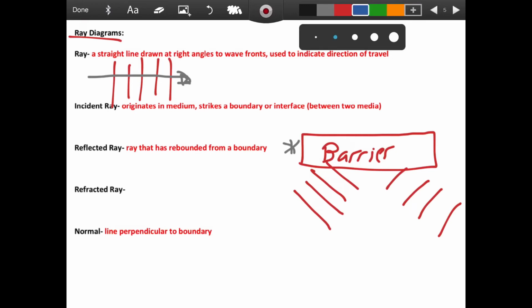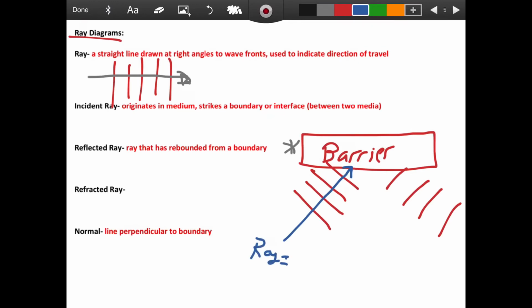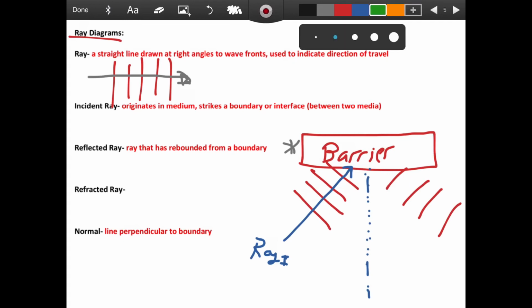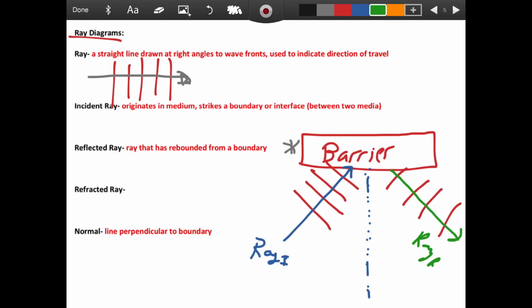The incident ray is going to be this first one. The normal is going to be a line perpendicular. It's an imaginary line perpendicular to the boundary. And then the reflected ray would be drawn like that.